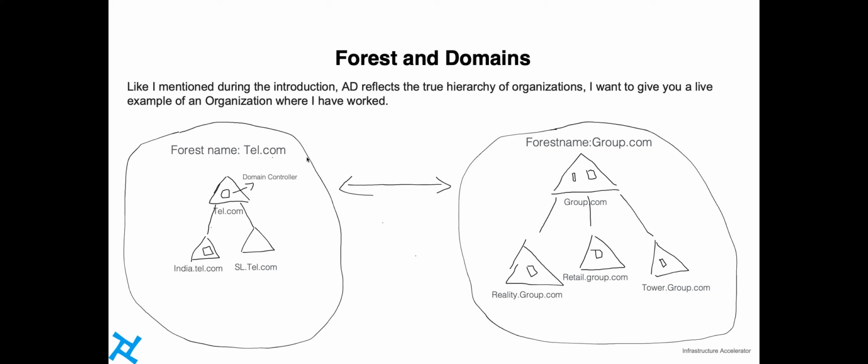So in this organization, how their business was divided was that the organization was an Indian organization, and they had, of course, business in India, and then they have business in Sri Lanka as well. This was their primary business. And then later their businesses further evolved even more, and they created more and more businesses which were about realty, and it was about retail.